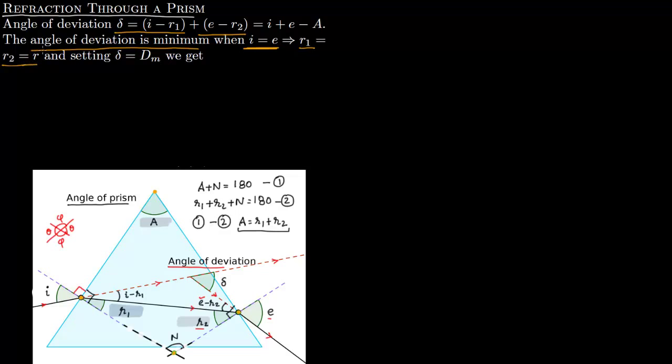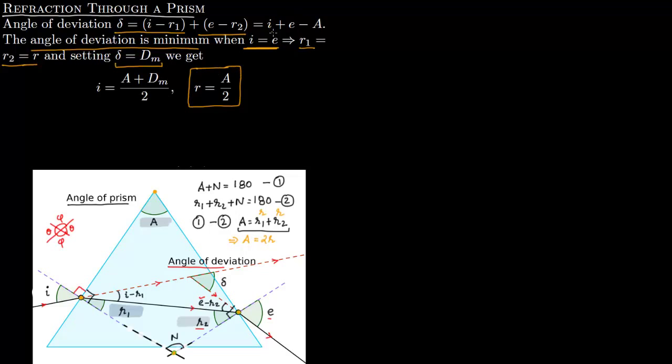You set R1 equal to R2 equal to R, and since the deviation is minimum, you set delta equal to dm. The first thing here is that A becomes R plus R, which is 2R. So you get R is equal to A by 2.